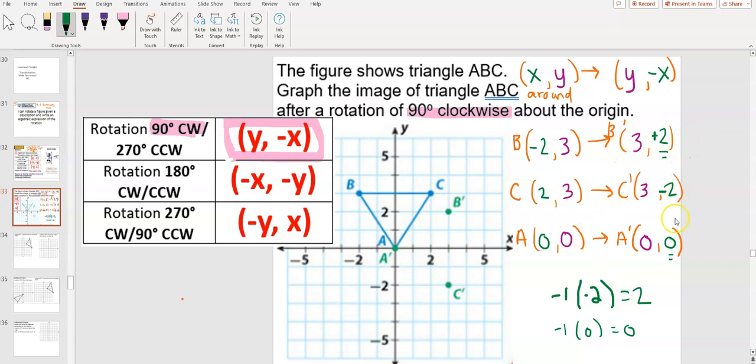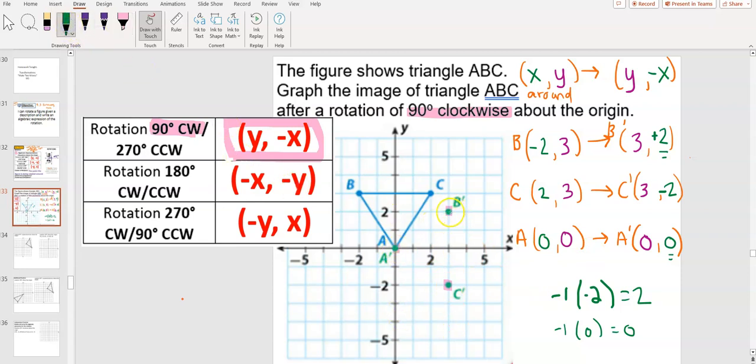So now that I have my new points, I can now plot them, or in this case, double check them on my graph. So here B should be at +3, +2, so that one checks out. C should be at +3, -2, that one checks out. And A should still be at 0, 0.